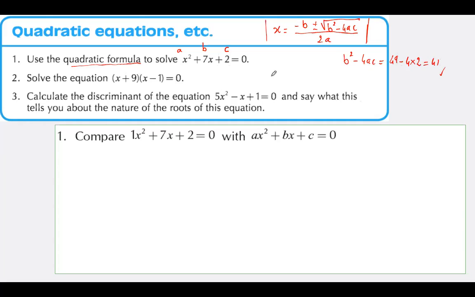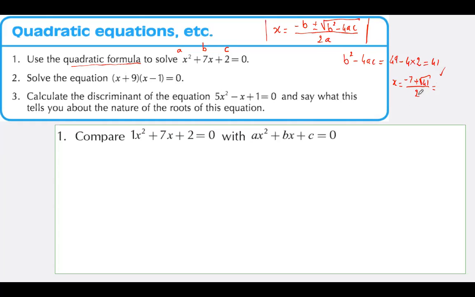Now, my two values are going to be x equals minus b, so minus 7, plus root 41, divided by 2a, which is 2. That's easy to do on your calculator, I hope.